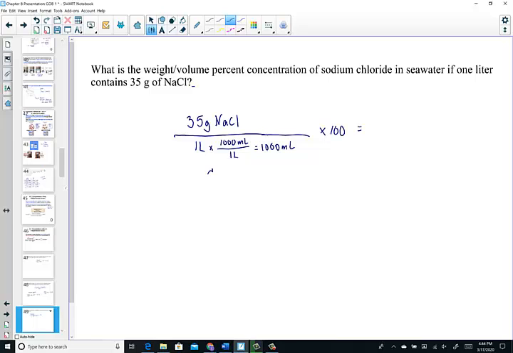So we're going to convert a liter to a milliliter for the calculation. Alrighty, so 35 divided by 1,000, and then you're going to move the decimal back 2 spots when you multiply it by 100, and this would be 3.5% mass by volume. 2 sig figs, yep, we got it. Good work.